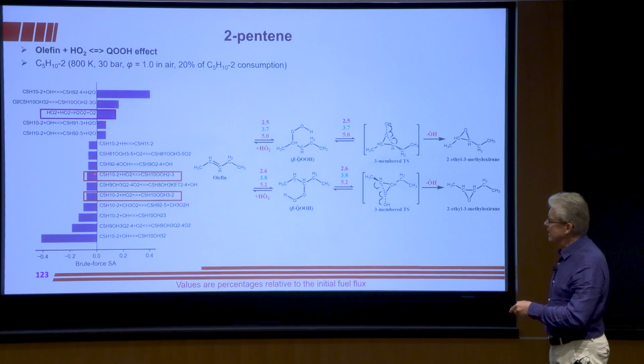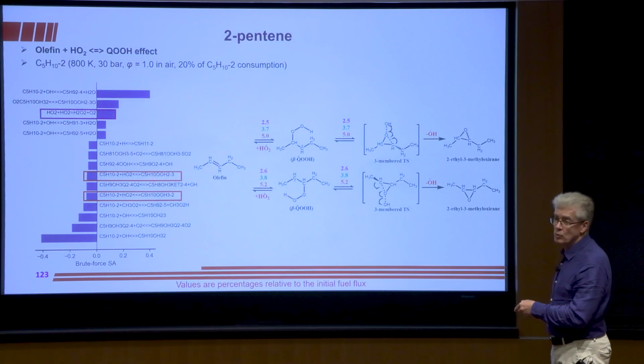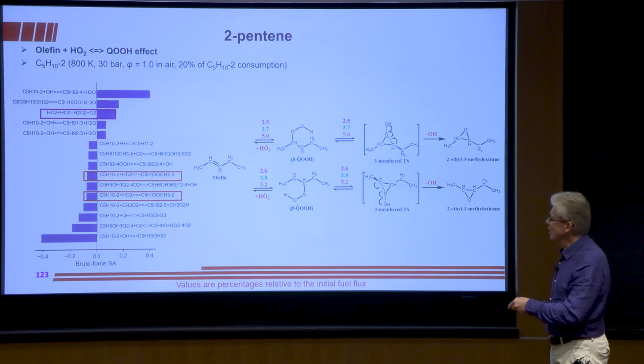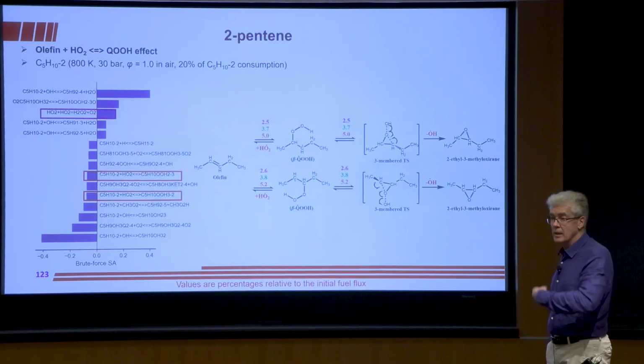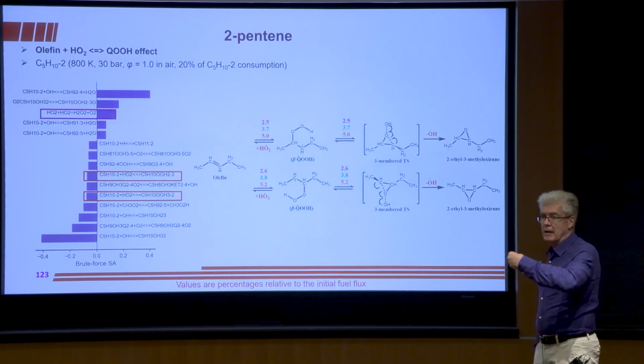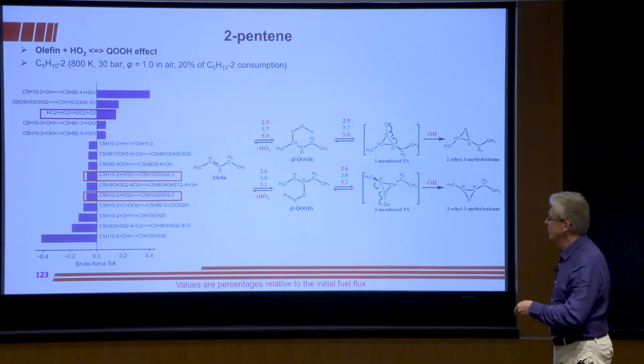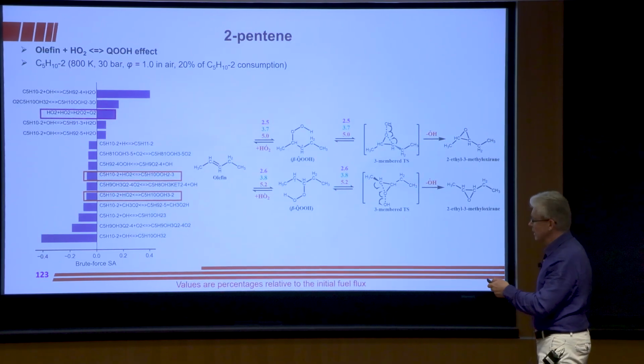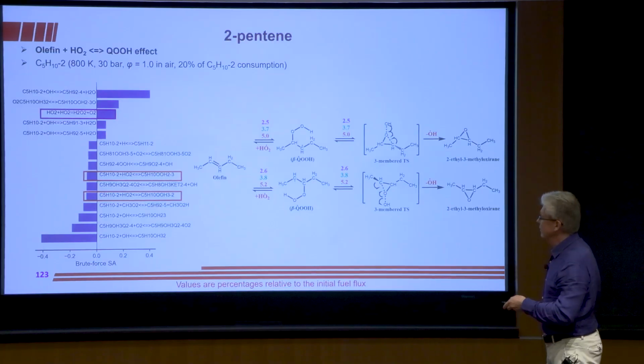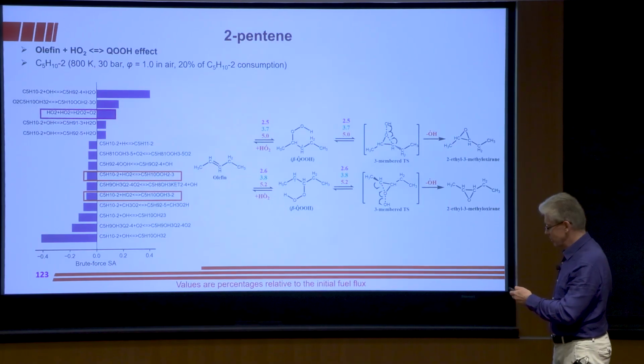Sorry, that enhances reactivity, because now this can add to O2 again and then go to chain branching. So this reaction of the olefin plus HO2 giving you the QOOH starts the chain and makes it available to go to chain branching. So they're important reactions in activating the olefin chemistry.